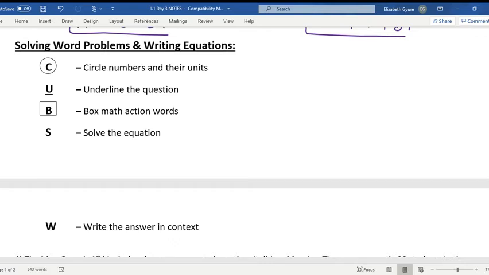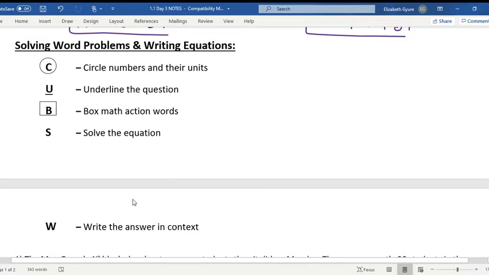So here's what we're always going to do. I always like to read through my word problem at least once first, okay? Then we're going to go back through and circle numbers in their units. We're going to underline the question. We're going to box our math action words. We're going to solve the equation, and write the answer in context.